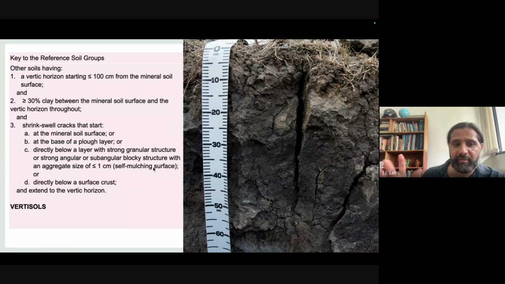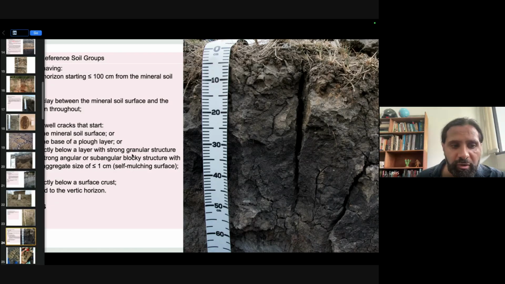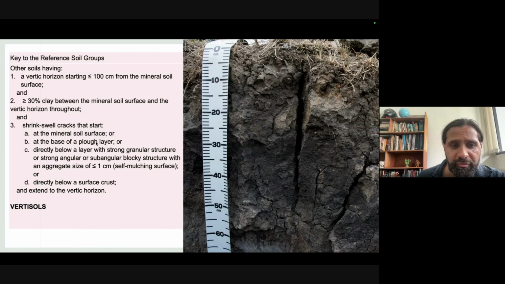So the cracks should start in one of these three, or the last option, directly below a surface crust and extend to the vertic horizon. Sometimes these vertisols register some surface crust, crusts of biological material or salts or any kind of material that could precipitate in dry conditions.